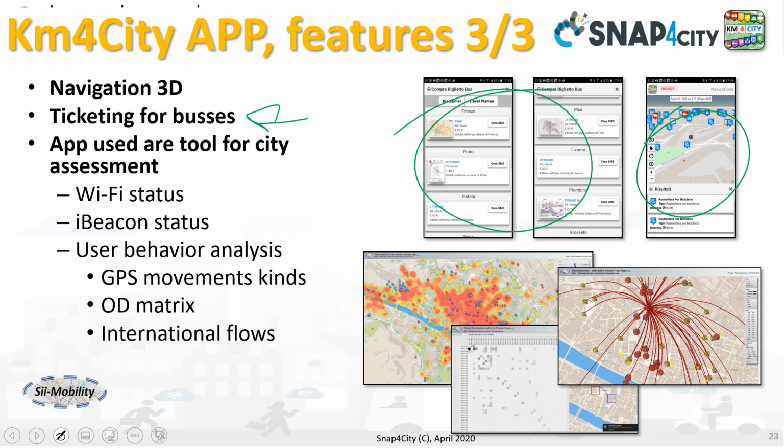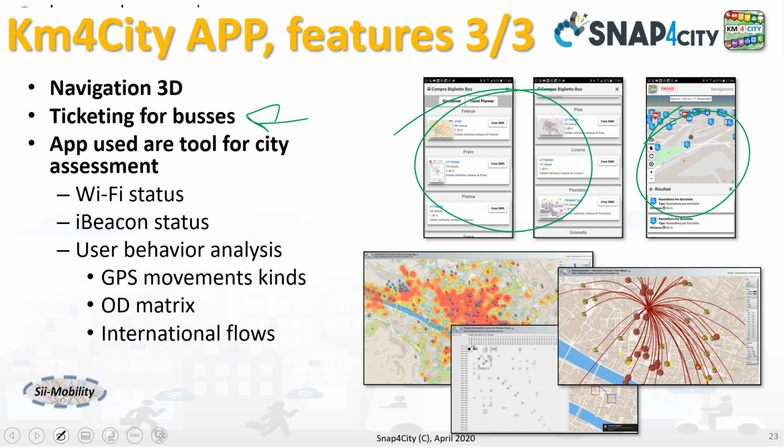Depending on the area, the app in this case is covering the whole of Tuscany. So if you move in a part of Tuscany, you can get the tickets available for that part. You can ask for a ticket, and the app recognizes where you are and provides you different services in different parts of the area.